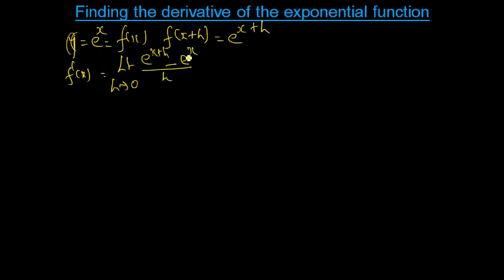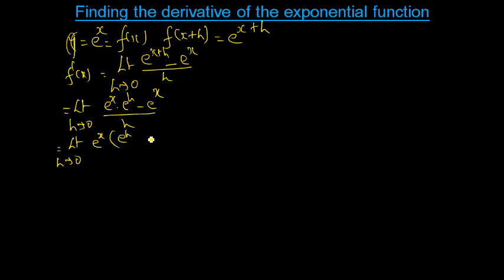f of x plus h minus f of x over h as the limit h tending to 0 is your derivative. Again, collecting the common terms, e power x plus h is e power x times e power h. So this is e power x times e power h minus e power x over h. Let me collect the common e power x from both the terms.